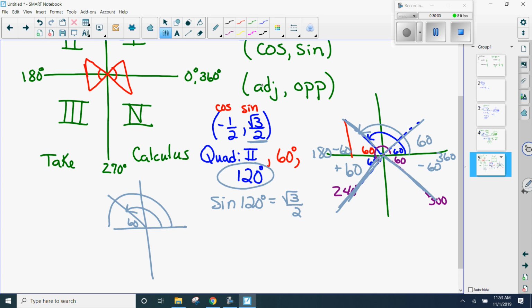So you go back to 60 degrees and it says, what is the sine of 120 degrees? You think to yourself, 120 has this figure right here. Cosine is adjacent and sine is opposite. It says 120, but remember when we typed in 60, 120, 240, and 300, what was the only difference on your calculator?